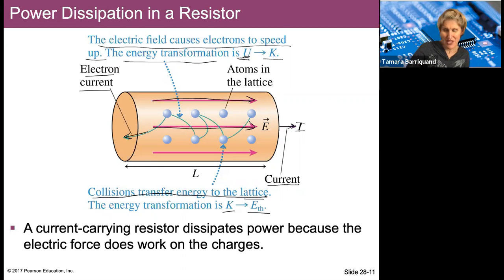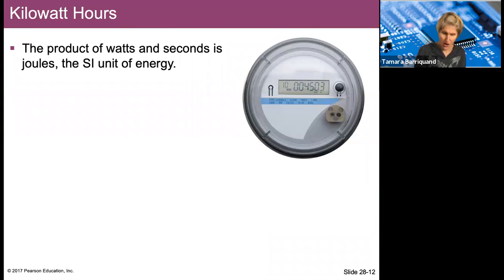All right, so we said that power is in terms of watts, which, of course, is a joule per second. So the product of a watt, which equals a joule per second, times a second, we'll cancel those.